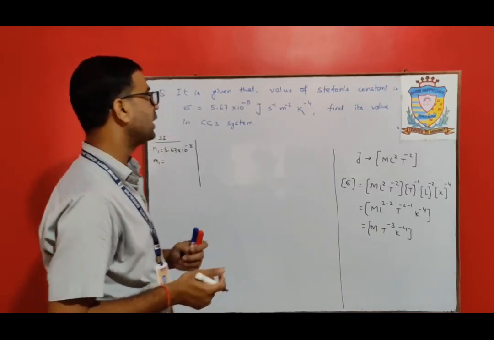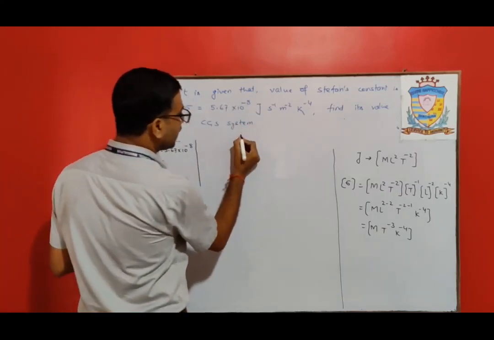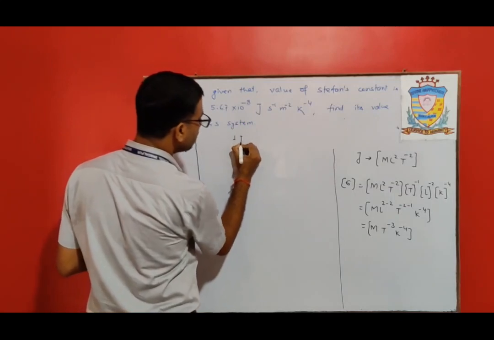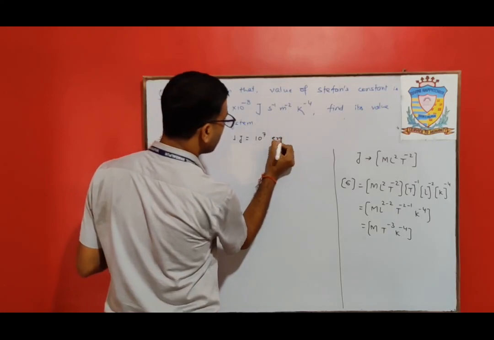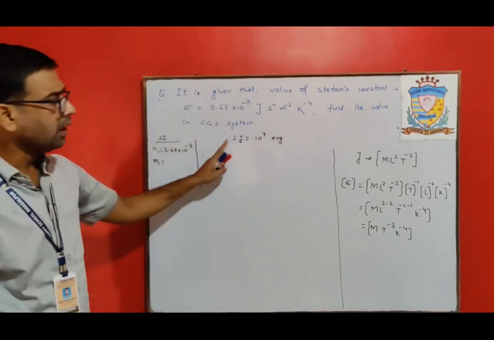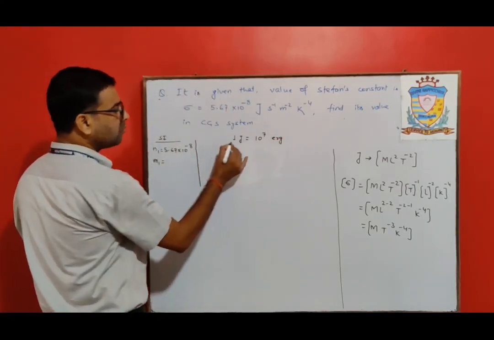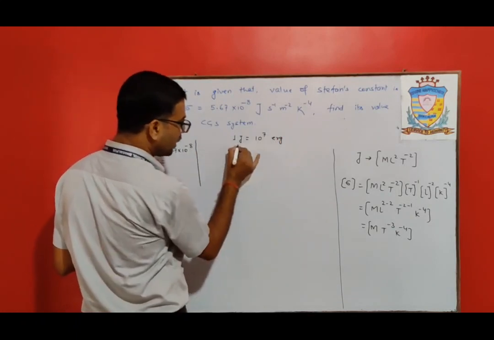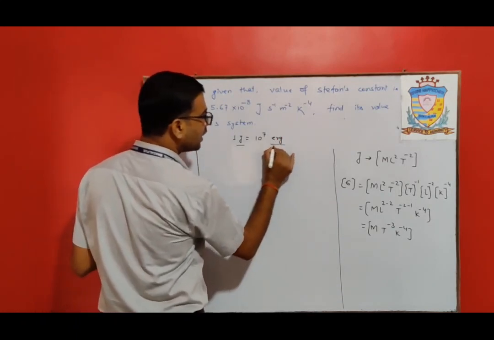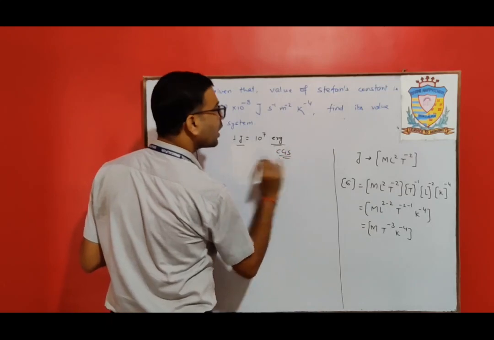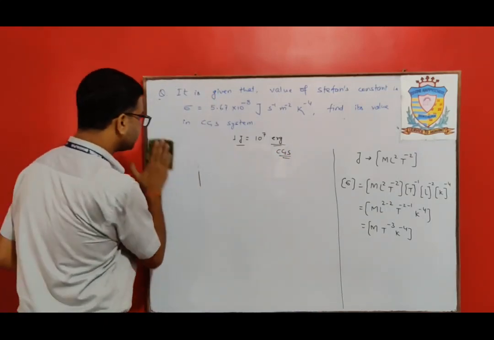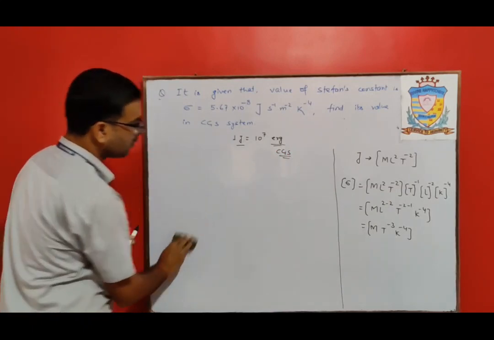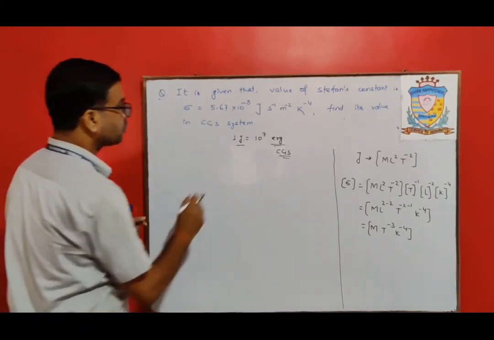As we know, 1 joule can be written as 10 to the power 7 erg, where joule is the SI unit and erg is the CGS unit. Clear? So you can directly put it over here. No need to do that much calculation.